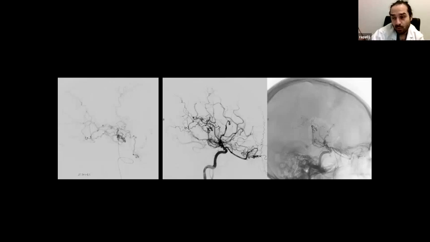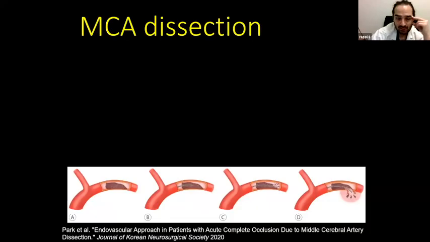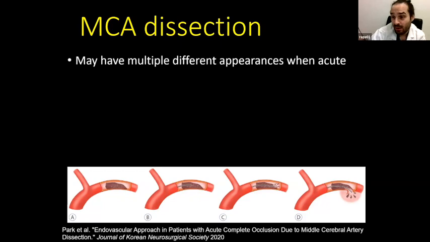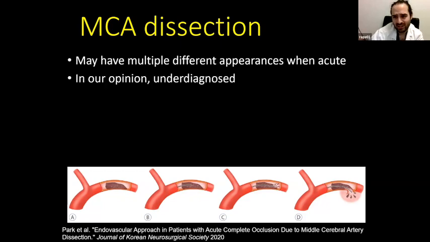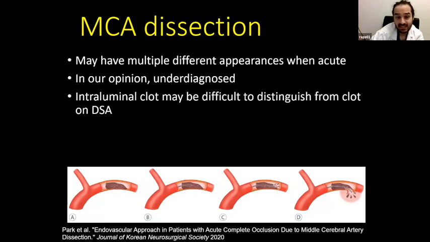And a very important role in our experience of this imaging has been for dissections, specifically intracranial MCA dissection, which can be very hard to diagnose. And indeed, in our opinion, they're actually underdiagnosed. Why? Because if they cause an acute occlusion, it's very hard to differentiate intraluminal clot from a clot caused by a dissection.